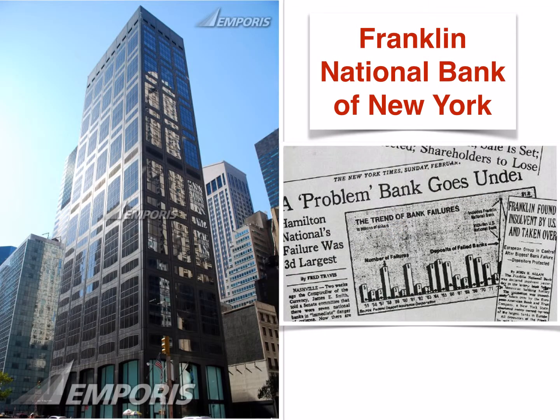In October the same year, the Franklin National Bank of New York also closed its doors after racking up huge foreign exchange losses. 3 months later, in response to these and other disruptions in the international financial markets, the central bank governors of the G10 countries established a Committee on Banking Regulations and Supervisory Practices.